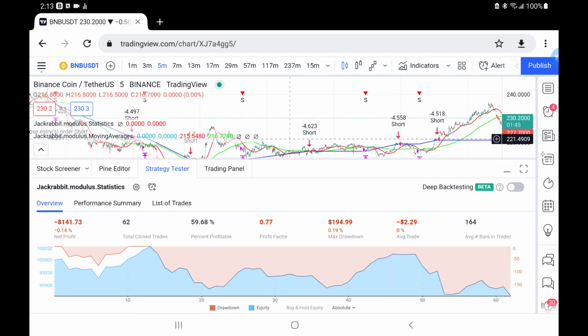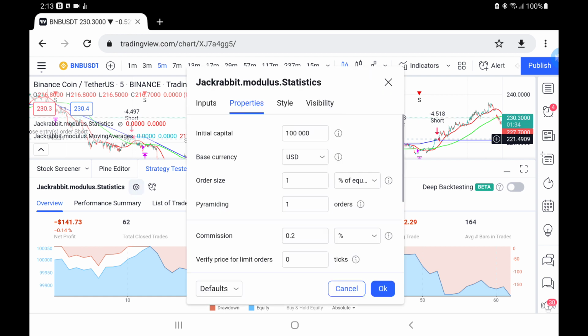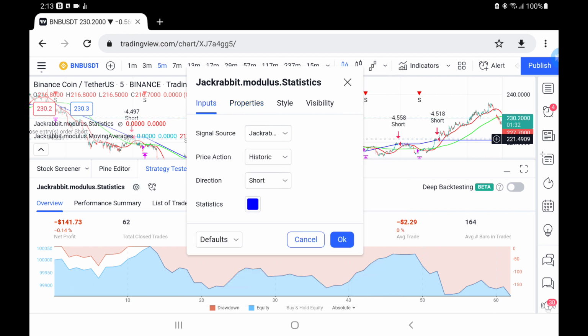Let's bring up the statistics. And here you see it just did poor altogether. Huge losses. Now again, this is within the last 8 months. So let's see what happens if we are shorting the market. So even in a short, we're losing money.